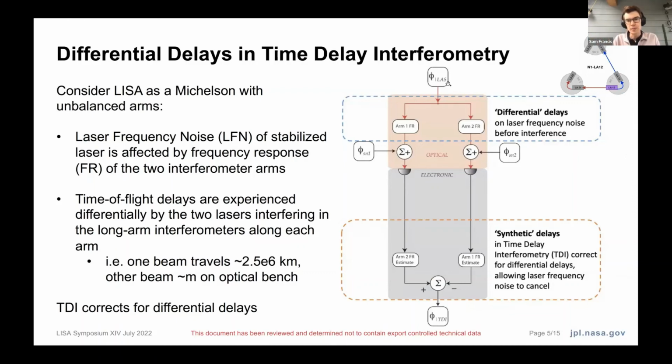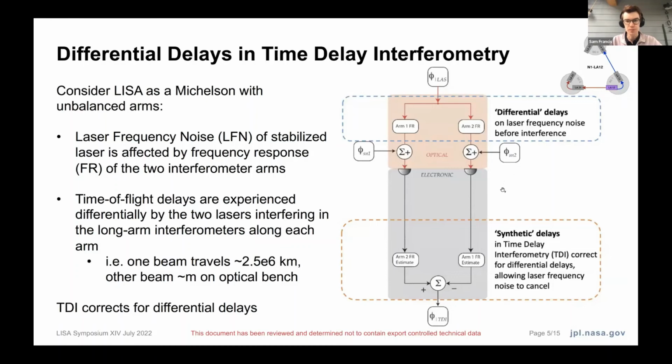And in the Michelson, it's traveling along two arms, arm 1 and arm 2. Depending on the arm lengths or how these spacecraft are moving relative to each other, these two arms will have different frequency responses. These boxes are meant to represent the frequency responses along the two arms. There's obviously shot noise added when we make the measurement, but that's not too important for this.